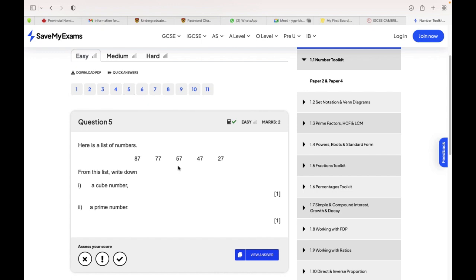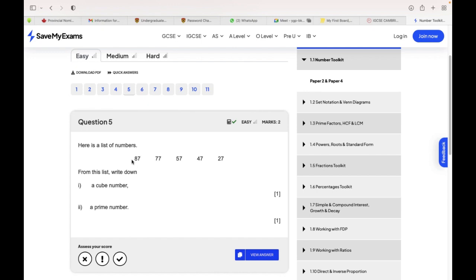Now, how do you know divisibility by 3? If you add this and this, 8 plus 7, you get 15, right? Since 15 can be divided by 3, it means 87 can be divided by 3. It's just a short rule to know if a number can be divided by 3: add the digits together. If the sum of the digits can be divided by 3, it means the number itself can be divided by 3.